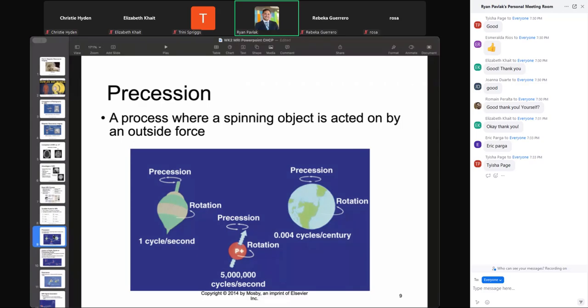If you took that top up to the International Space Station and you spun it, it's just going to keep spinning until it runs into something and maybe stops. But here on Earth, when you spin it, Earth's gravitational pull is going to be pulling that top down. That is precession. So it's a spinning object that's trying to get pushed down to what we call a neutral state.